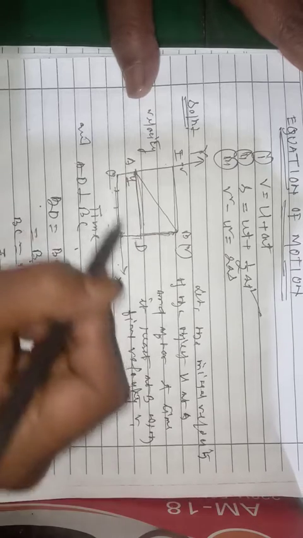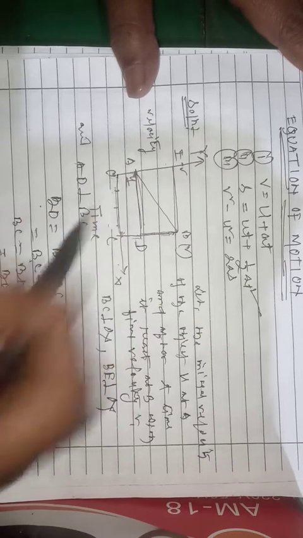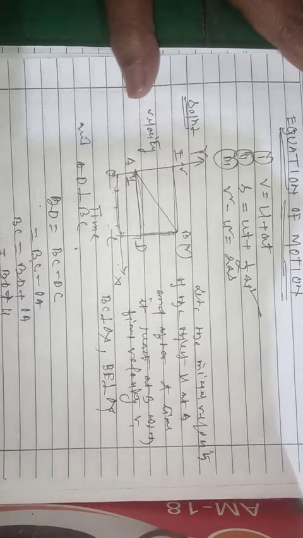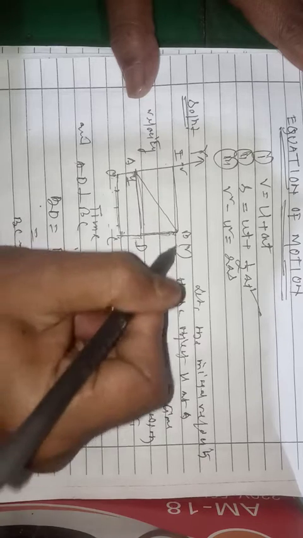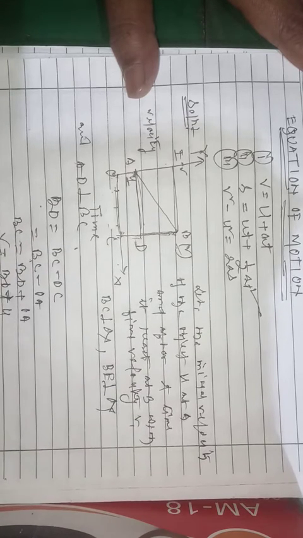OA how much? OA from here to here, initial velocity u, and BC from here to here, final velocity v. Now we can write here directly: BD is equal to v minus u.